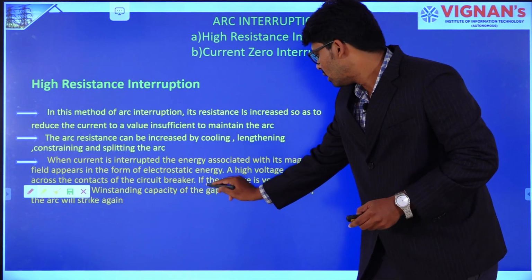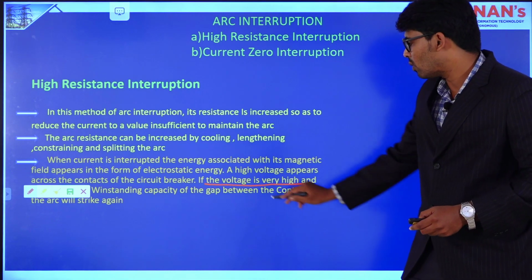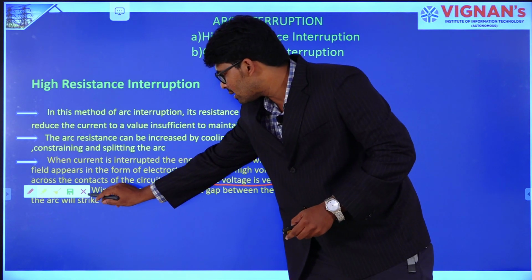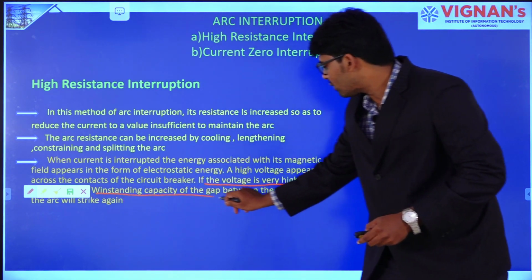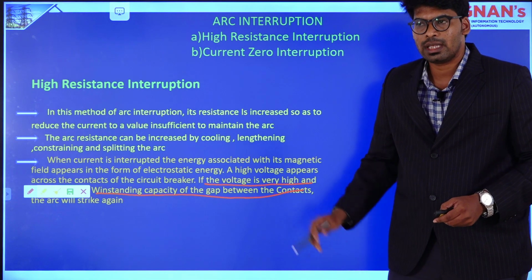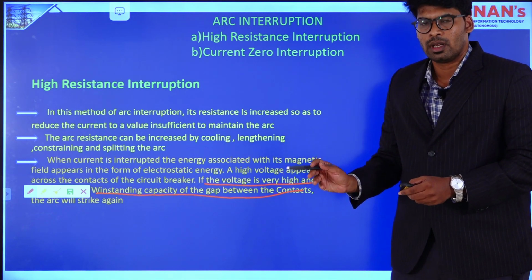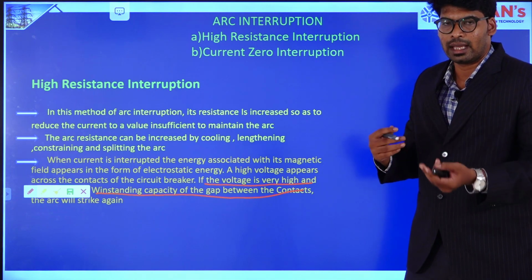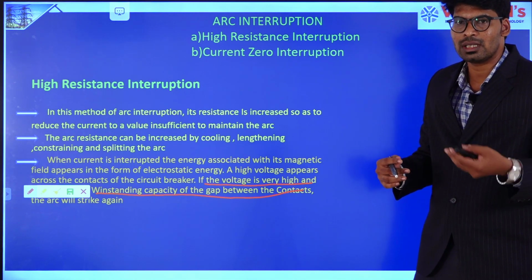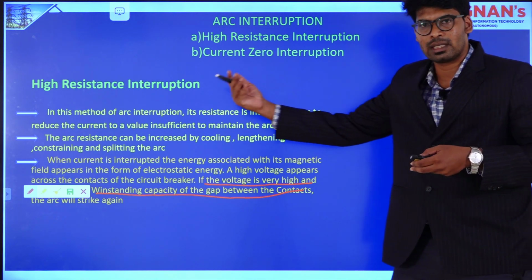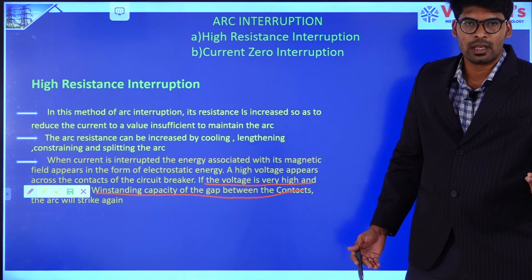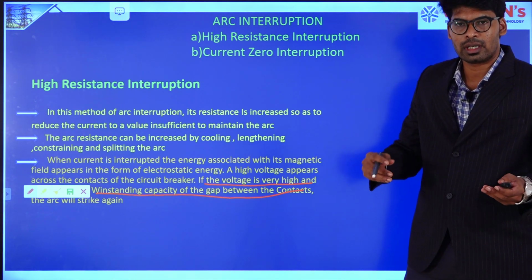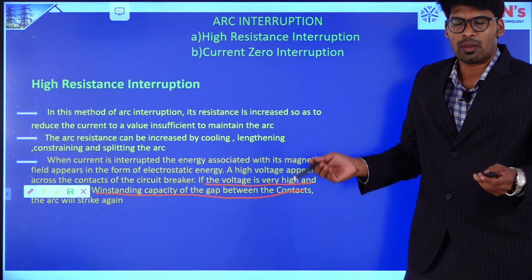That means a fault occurred somewhere and the circuit breaker needs to operate, but the arc is re-established, so the fixed contact is not removed from the moving contact. So the problem arises there.